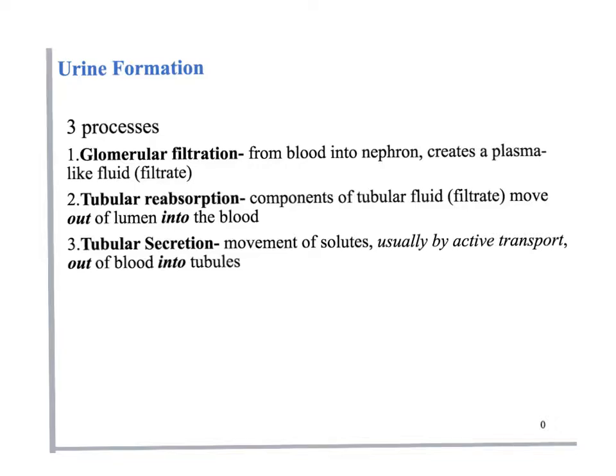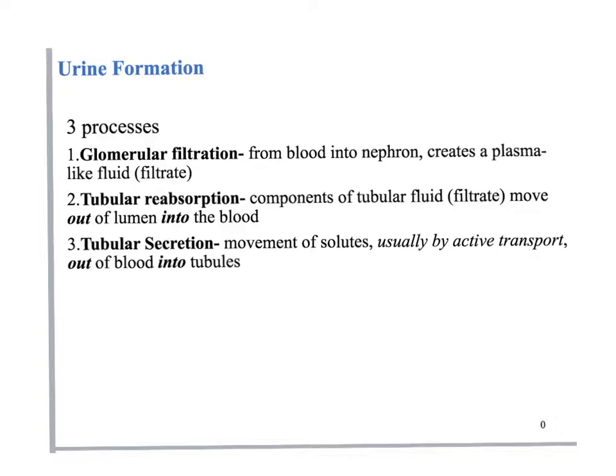From there, that fluid that's collected in the capsule from the filtrate is then processed, moved through the nephron, and you have two other processes, tubular reabsorption and tubular secretion. So it happens within the tubes: the proximal tube, the loop of Henle, and the distal tube.